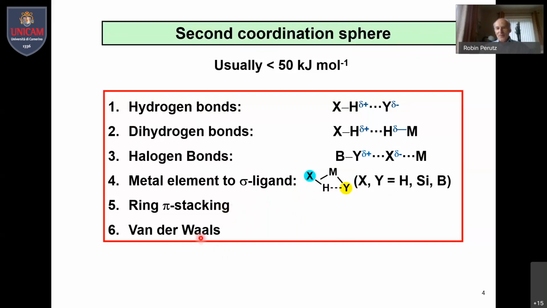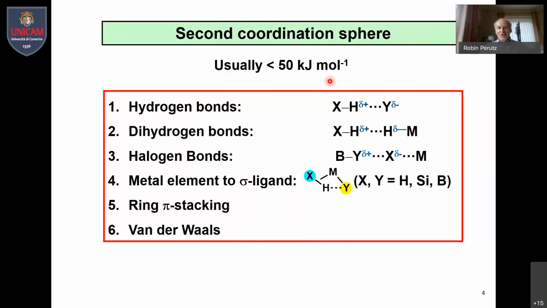If you want to persuade anybody that van der Waals interactions matter, I think about the gecko and how it walks on the ceiling. That's all down to van der Waals interactions. So that's a perfect example to explain to people.